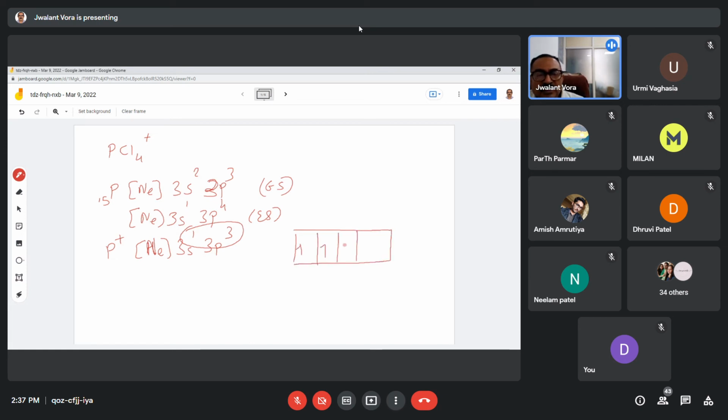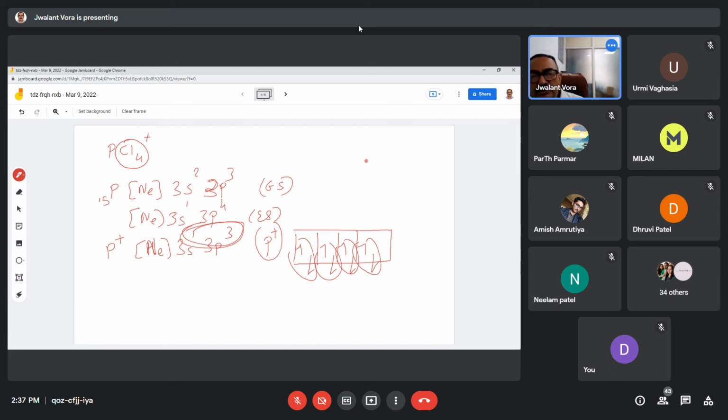So a total of 4 electrons are present in the outer shell. This is about phosphorus plus. 4 chlorine atoms, they will come with 1 electron each. So a total of 4 pairs are present.